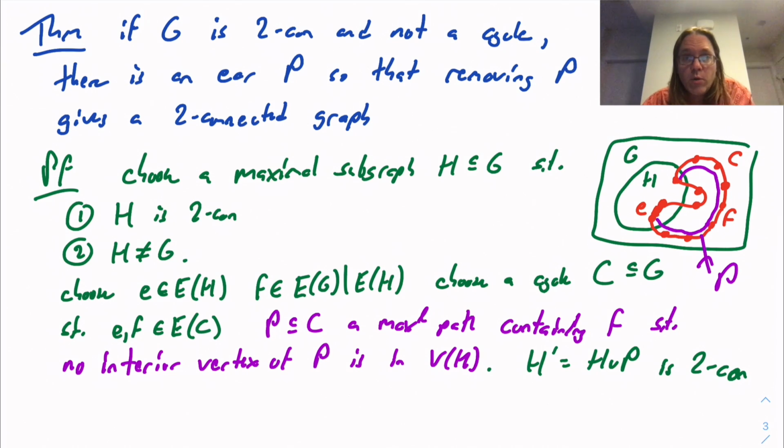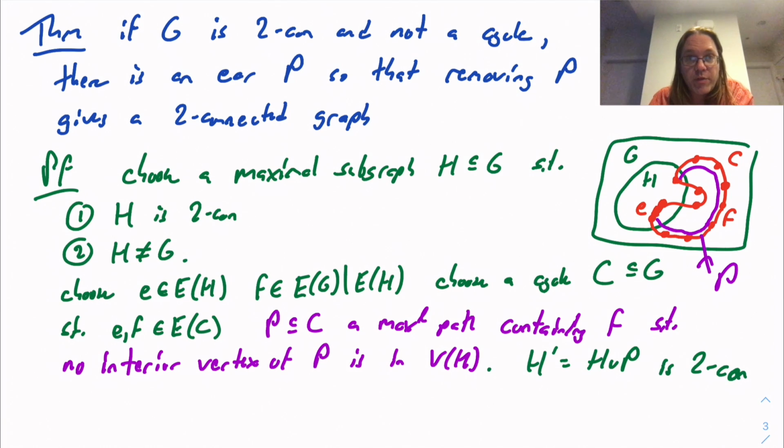So what's going on here? Well, somehow this looks almost like it's going to contradict our basic assumptions, right? H prime is two connected, so it satisfies property 1, and it's bigger than H. So why does this not contradict our choice? It can only be that H prime is the whole graph G, right?